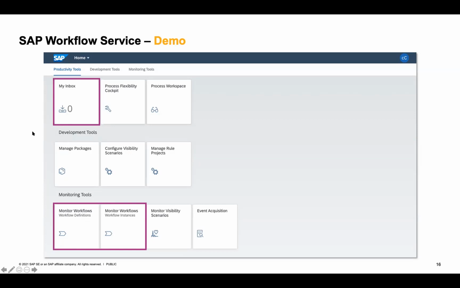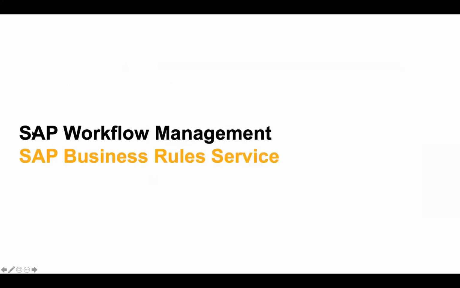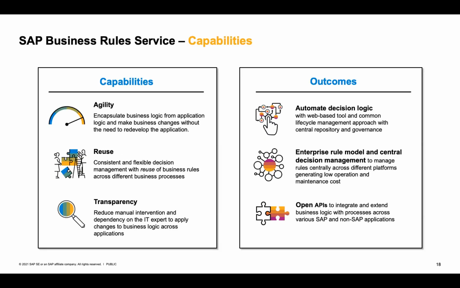So we have a few more things. The business rule service, also part of workflow management. A major capability of that one is that it's not limited to our cloud workflows. With the business rule service, we can create rules and rule projects that are used by other applications, and that can also be deployed to other runtimes.